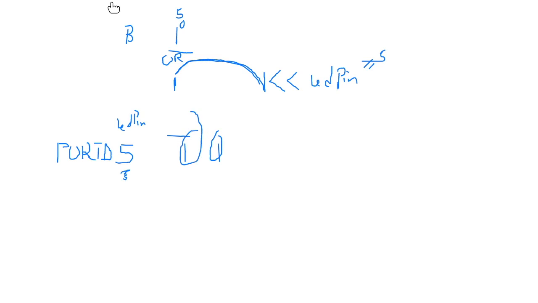Okay, now because this is port D, if we want to assign the whole thing to port D, let's say we pick the bit, and then we pick 5, and then we do an OR with our reference pin.